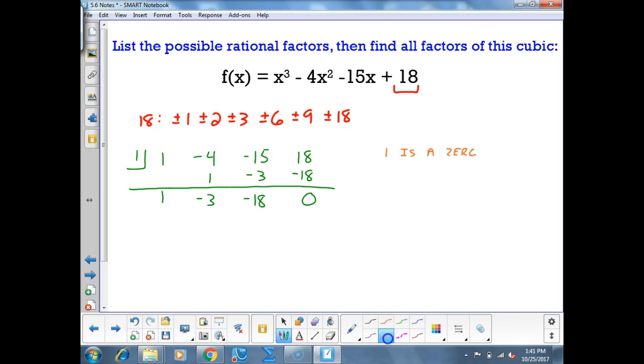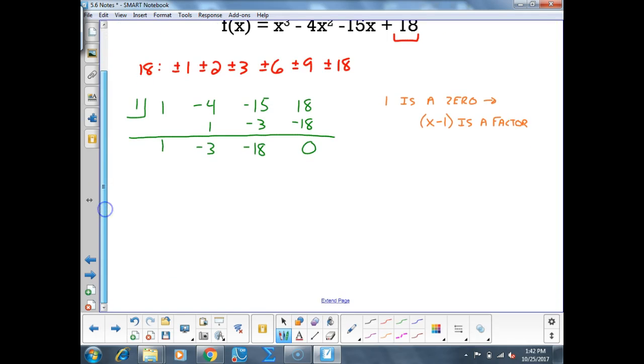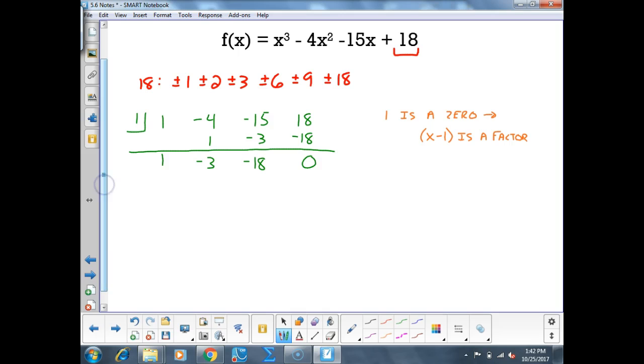If 1 is a 0, then x minus 1 is a factor. Okay? So that means that I can rewrite f of x here now as x minus 1 times x squared minus 3x minus 18.